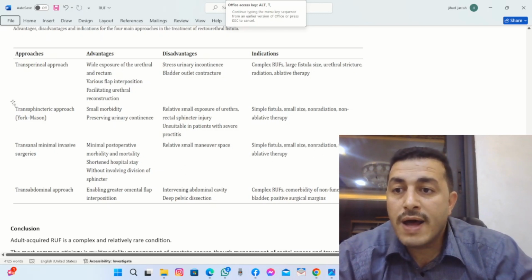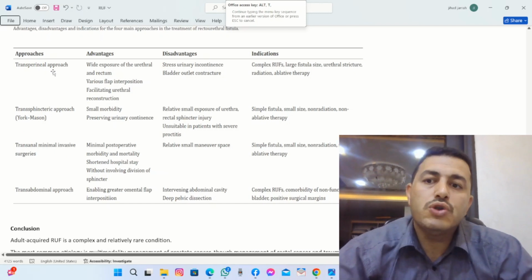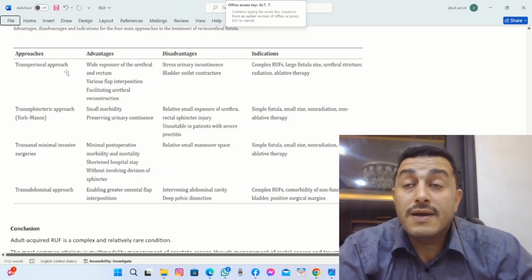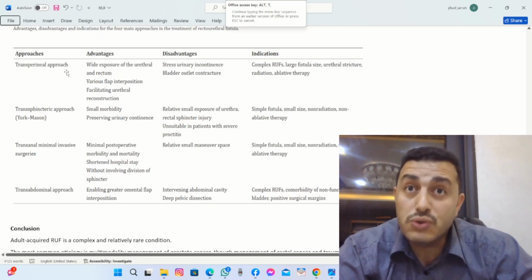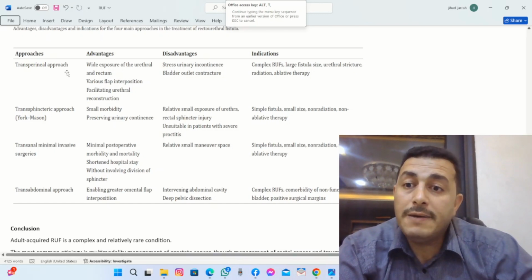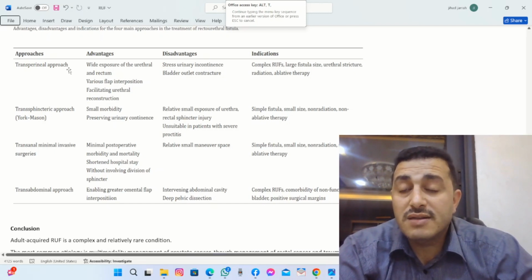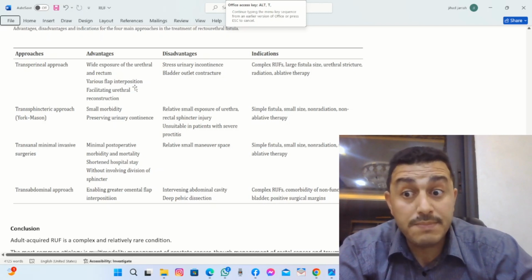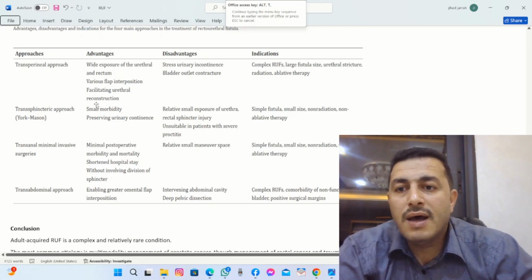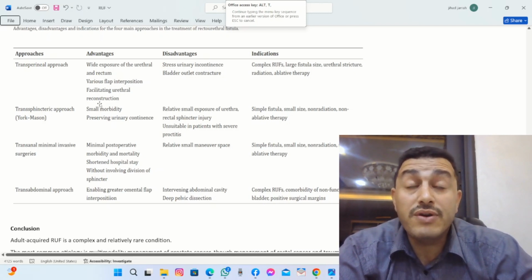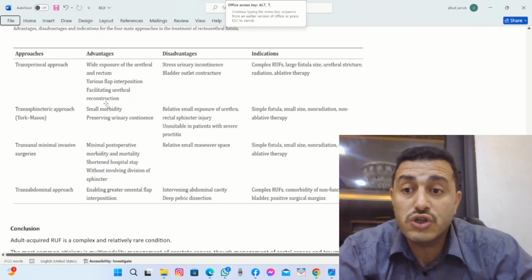Then we moved to the transperineal approach. We said this is mainly indicated when we want to use interposition flap, such as dartos and gracilis, wide exposure of the urethra and rectum, various interposition flaps, facilitating the urethral reconstruction if we have stricture.